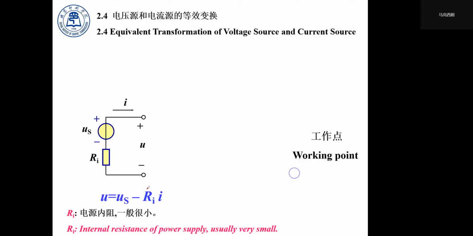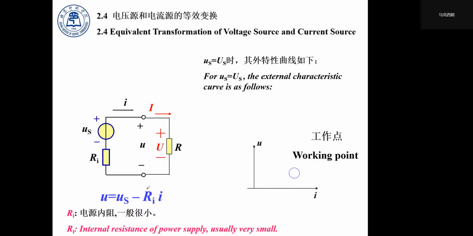We know that the outside voltage equals Us minus Ri times I. And if we attach a resistor to the two terminals of this branch, then we can get its actual external characteristic curve like this.